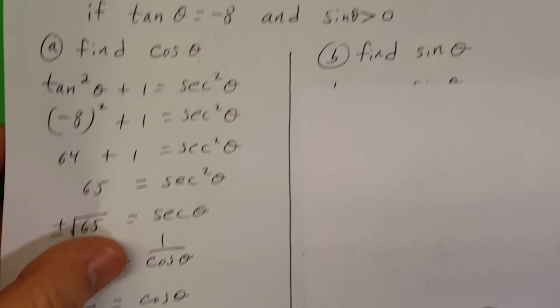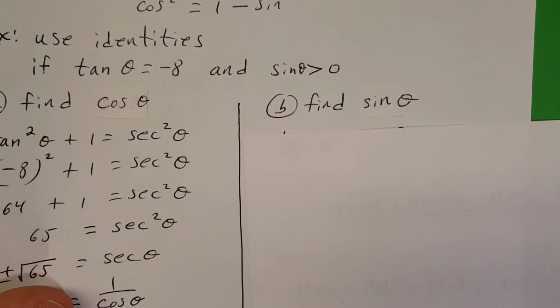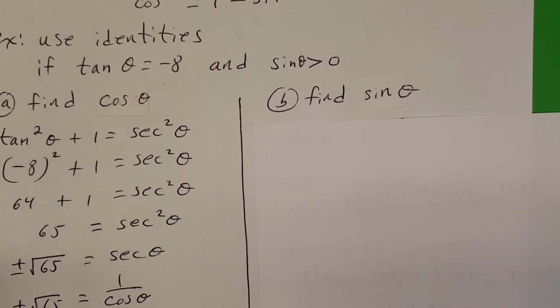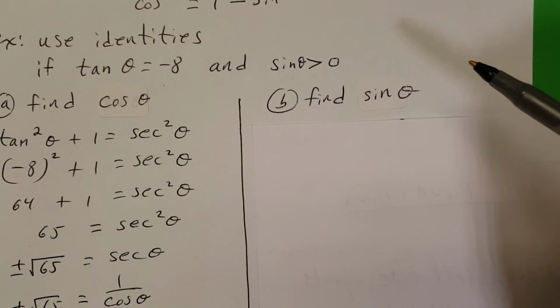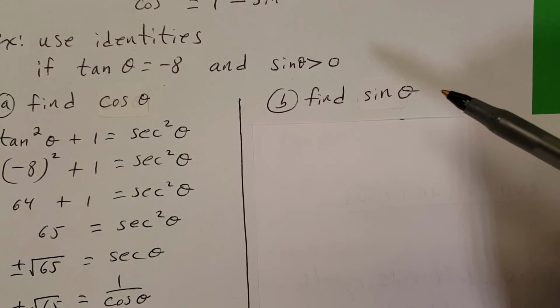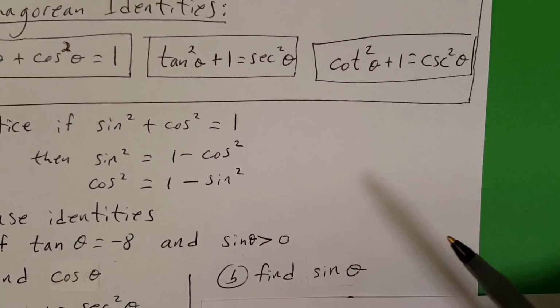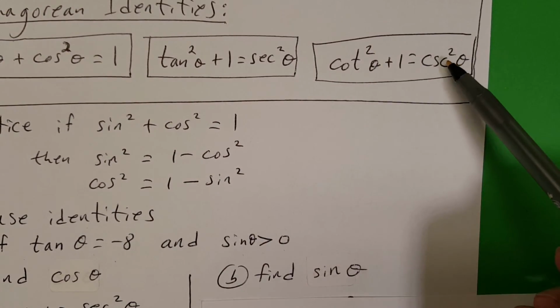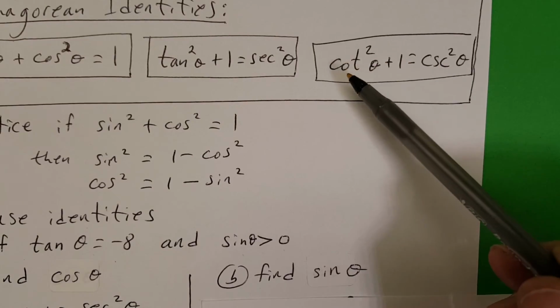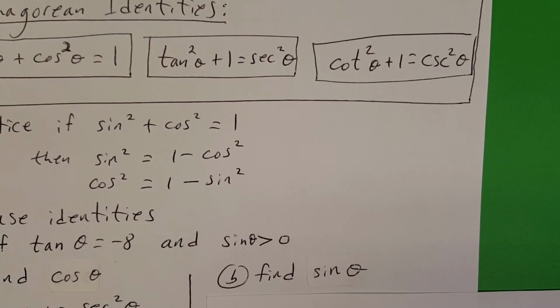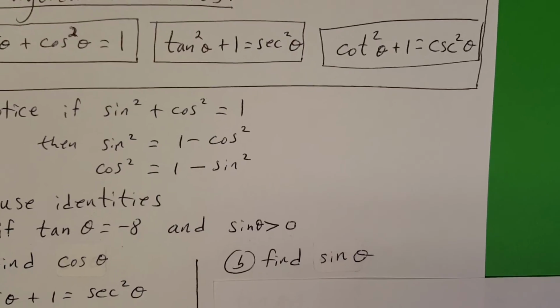All right. Let's do B. Find sine theta. Now here, we could have gone a long way and used, well, maybe you could have used this one because this is related to sine and this is related to tangent, and that's what we have, tangent, and we're looking for sine.